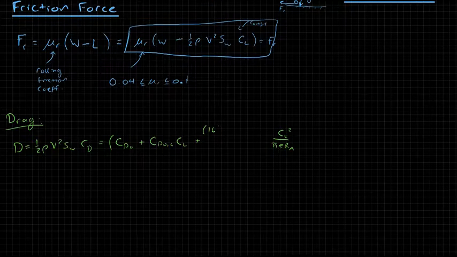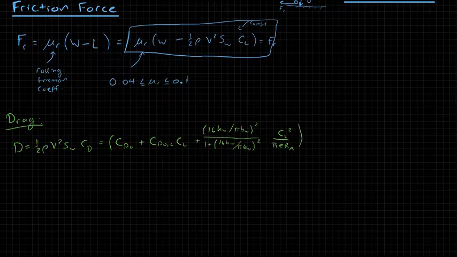It's going to look like this: 16 h_W over pi b_W, all squared, divided by 1 plus 16 h_W over pi b_W, all squared. You may or may not be familiar with this term. This term comes from ground effect.